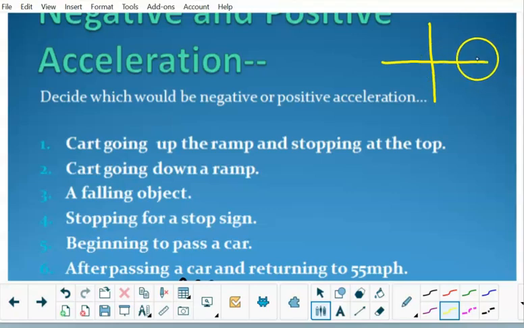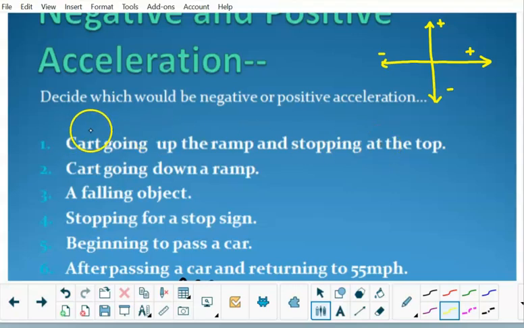So here we know that this direction on the XY axis is always going to be positive. This one's going to be negative. When you're going up, that's a positive value, and when you're going down, that's a negative value. So sometimes these things are kind of like a double. Double negatives always means it's positive, right?